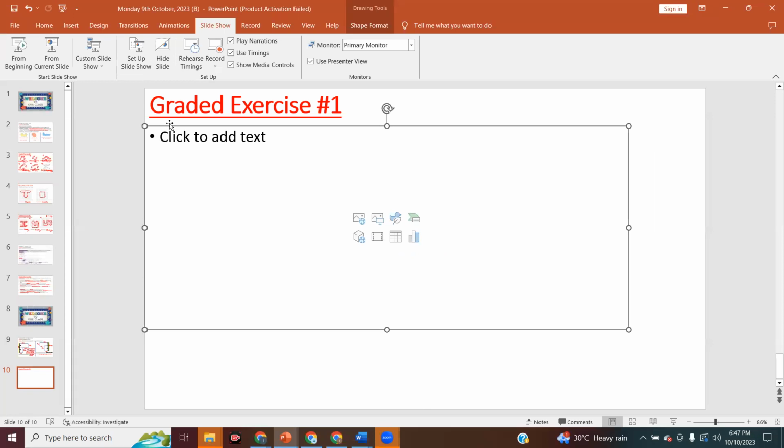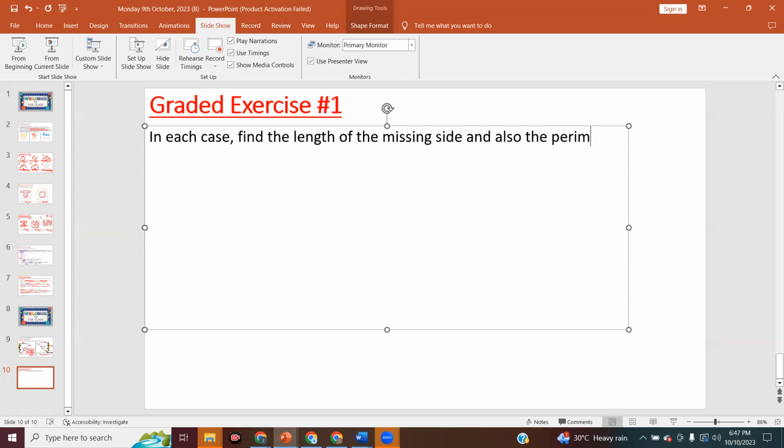So in each case, you want to find the length of the missing side and also the perimeter of the entire shape.